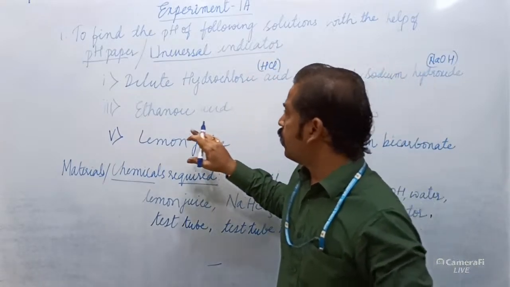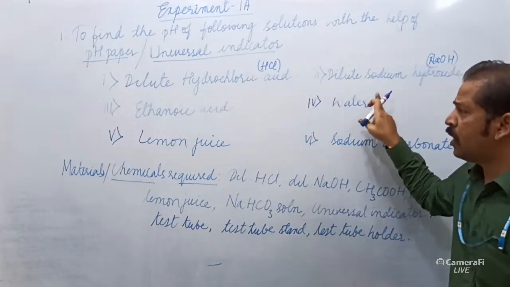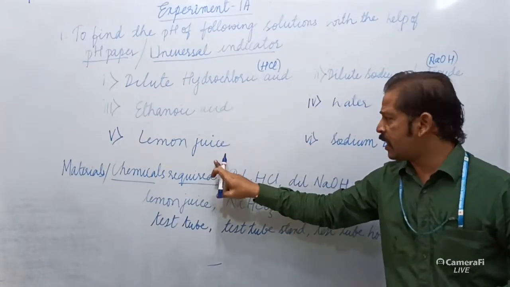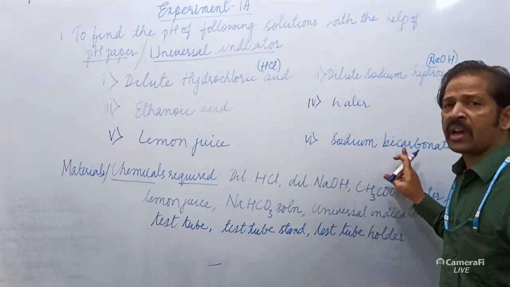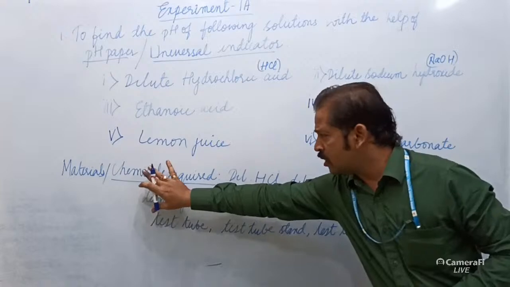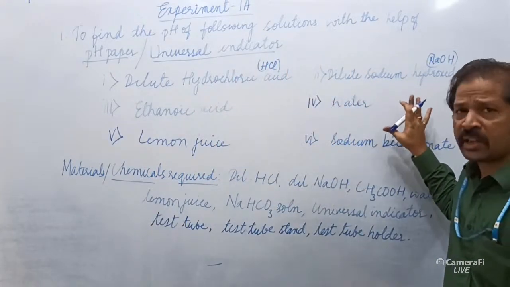Dilute hydrochloric acid, dilute sodium hydroxide solution, ethanoic acid, water, lemon juice, and at last sodium bicarbonate solution. These are all the chemicals required.